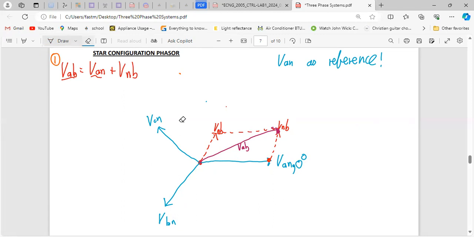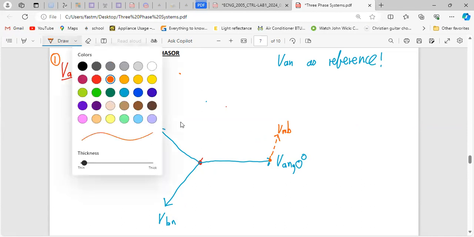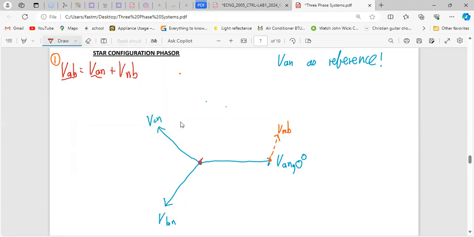I'm showing you the other ways you could do it, because some people learn differently. Another way I draw it is to use the equation to draw the scene. VAN is already there, and if I add VNB, VNB will just be this. Then the vector is just the connection between the two, so from here to your center you have your VAB.